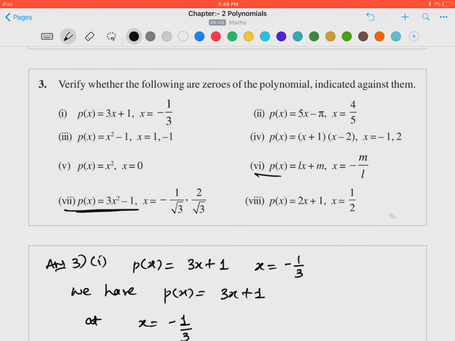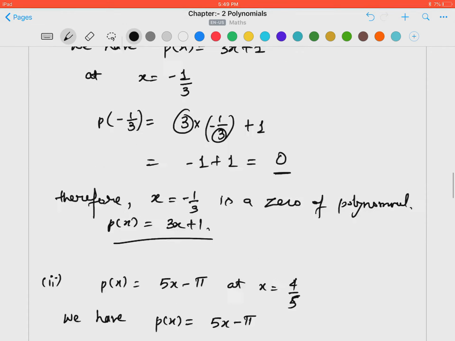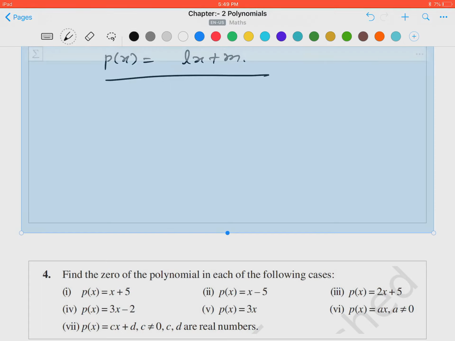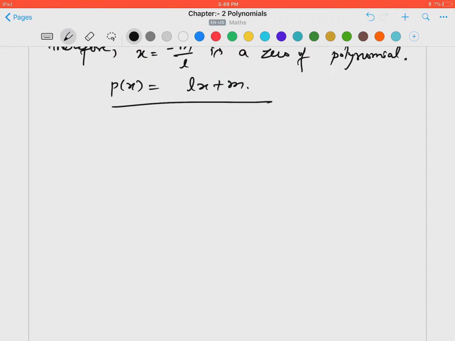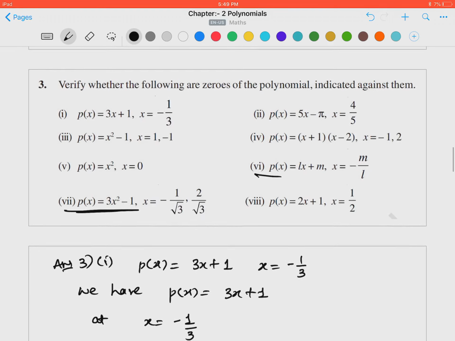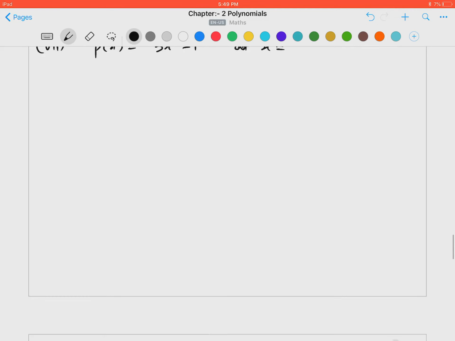It's p(x) equals 3x square minus 1. So we have part 7. p(x) is equal to 3x square minus 1, and we have to find it at x equals, we have two values, minus 1 by root 3 and 2 by root 3.